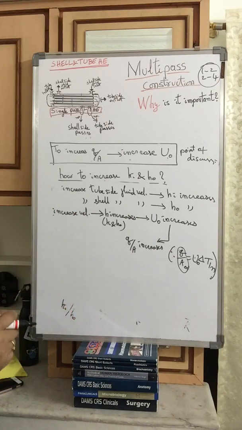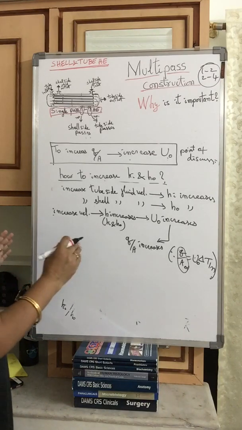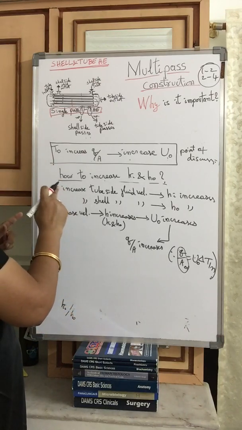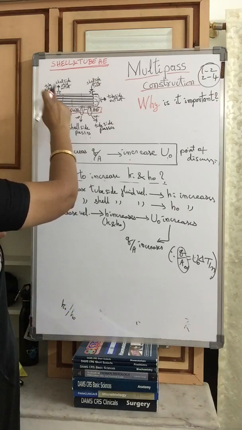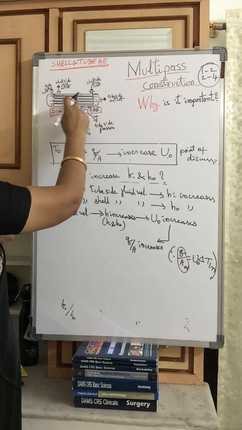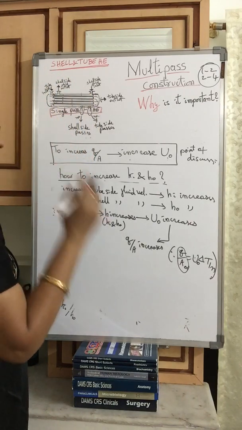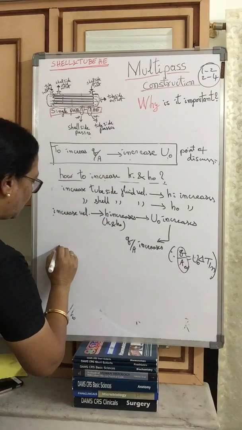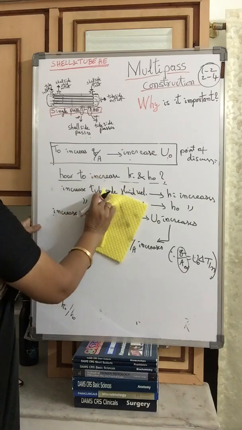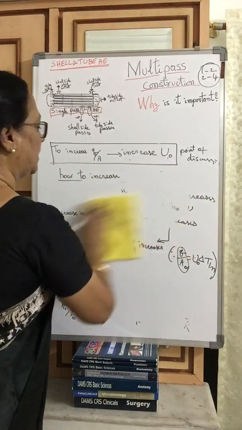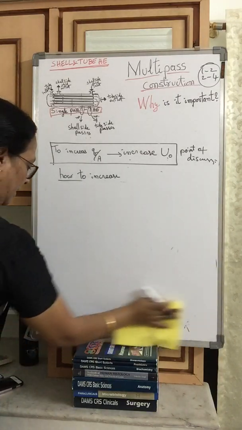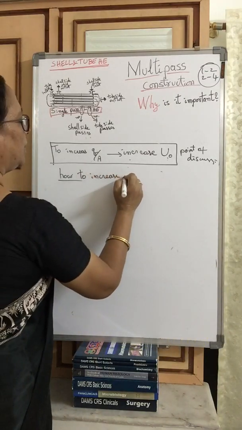Why to shift to multipass construction? On the whole we came to the conclusion that we need to increase the velocity of tube side fluid and shell side fluid. Then automatically Q by A will increase. So the next question arises: how to increase the velocities of the tube side and shell side fluids?